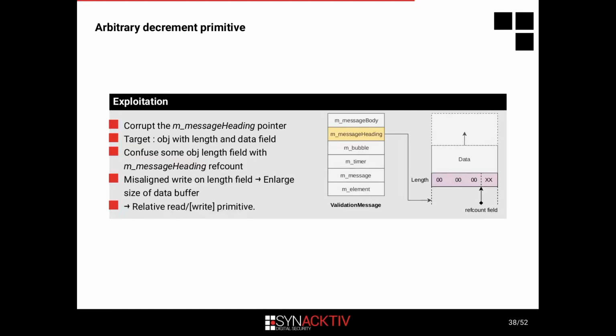Our strategy to exploit this primitive is to decrement a length in memory in order to enlarge a data buffer and get a better primitive like a relative read and write.